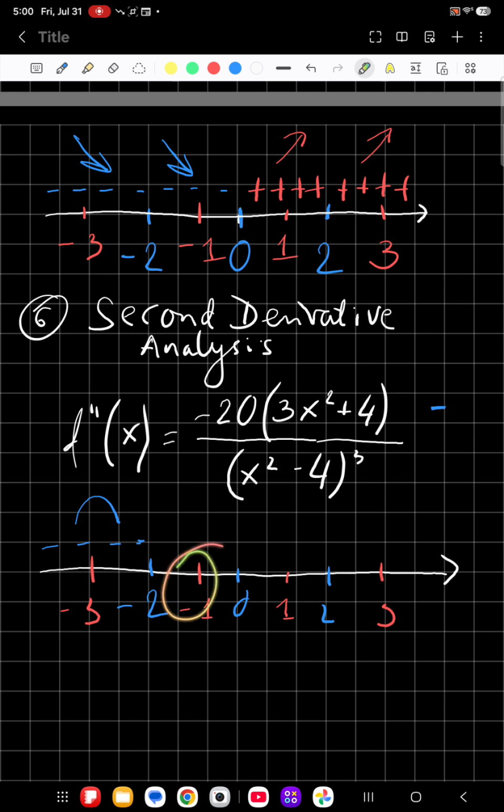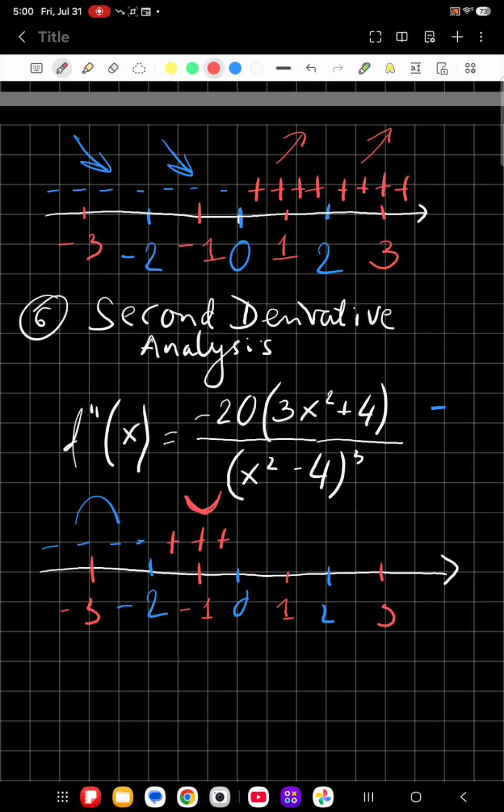Plug it in. It looks like the bottom is going to be negative, because I have 1 minus 4 to the third power this time. The top is always negative, so negative over negative, I'll have positive. So this interval is all positive, so that's concave down, sorry, concave up.